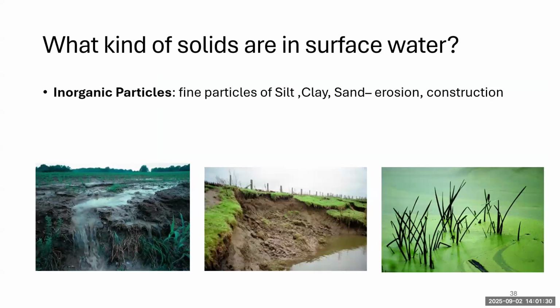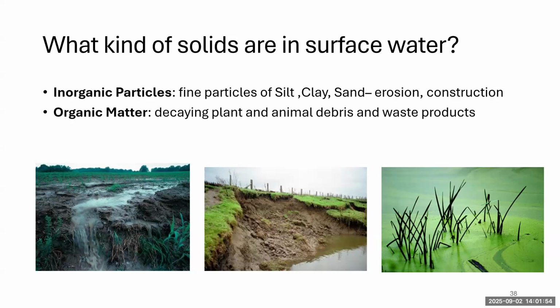And kind of continuing on what Daryl was talking about, we can look at the kinds of solids that are found in surface water. If you were to take a sample of surface water and filter it and look at the particles in there, you would see particles of silt, clay, and sand, and those are mostly from erosion and construction activities after runoff.